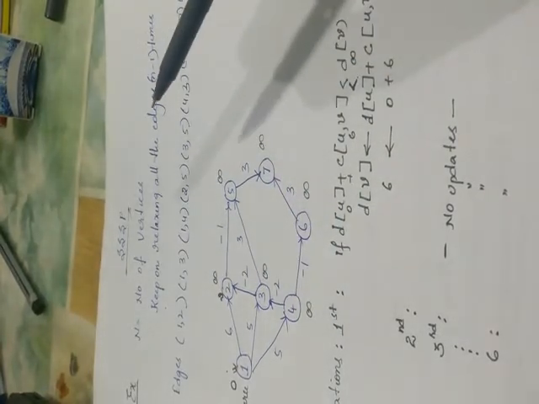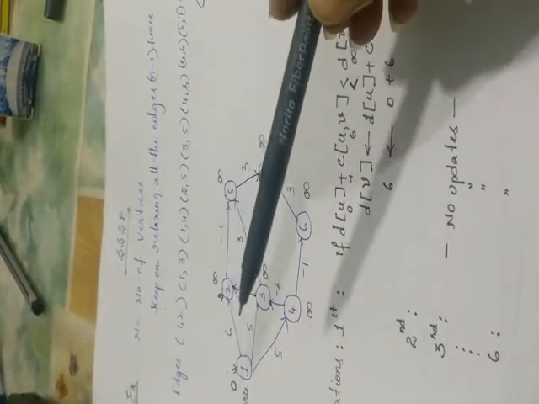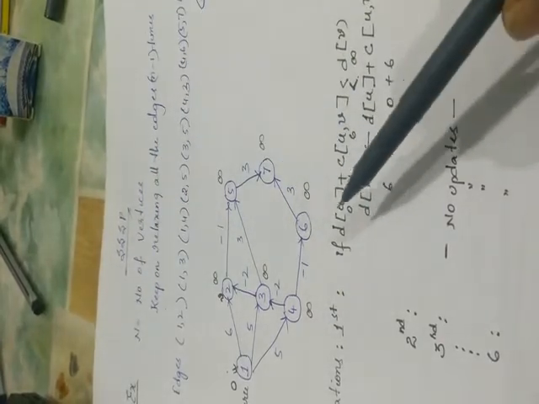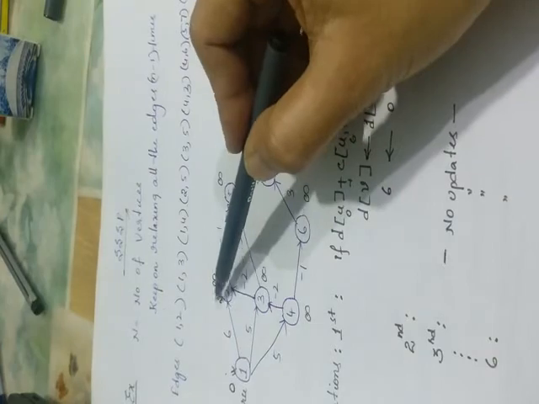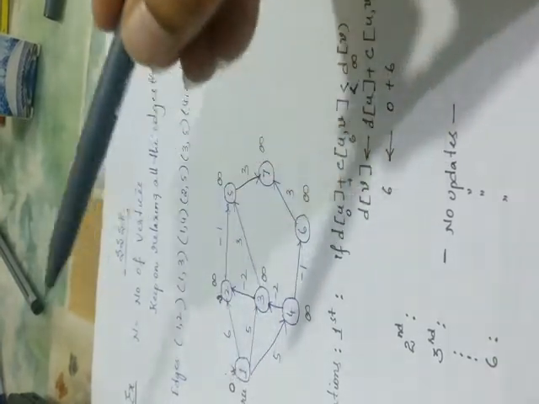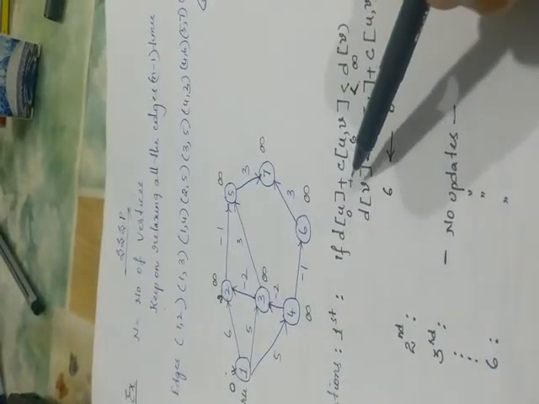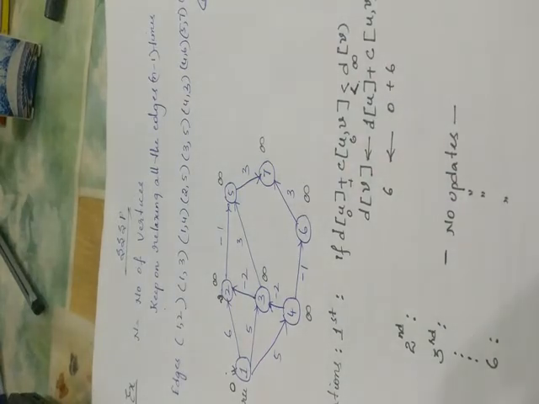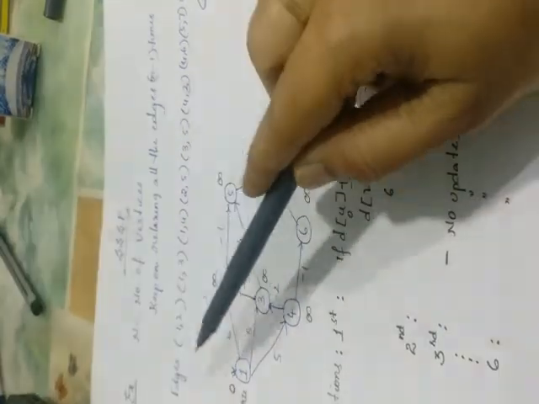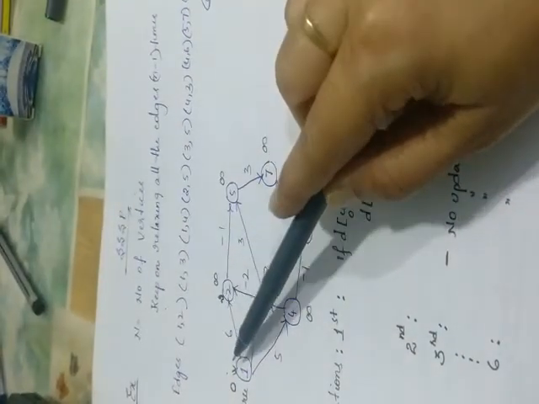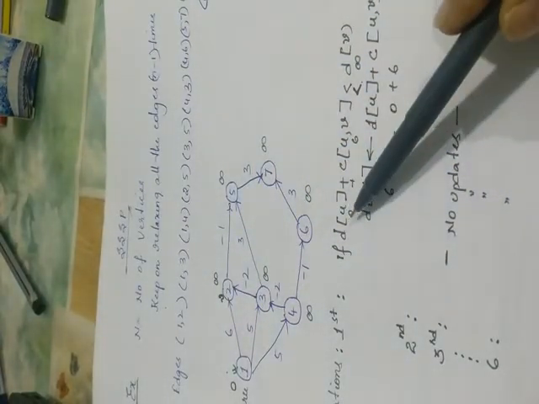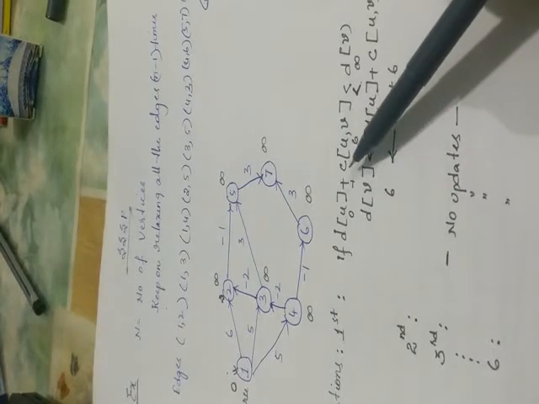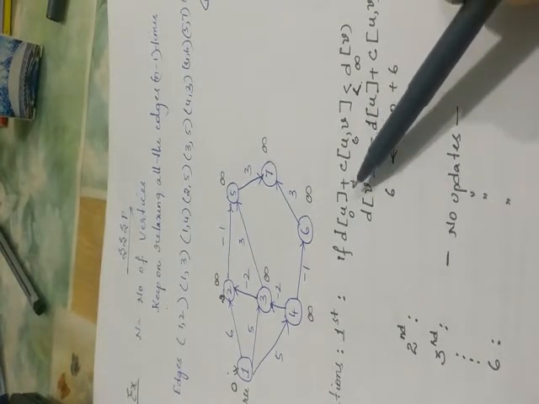Okay, now, in the first iteration, d of u. Let me consider this as u and this as v. Then d of u is 0 and c of u comma v, the cost of this edge u to v, is 6. So d of u, 0, plus c of u comma v, 6, is 0 plus 6.